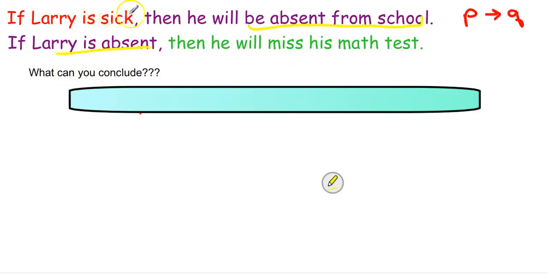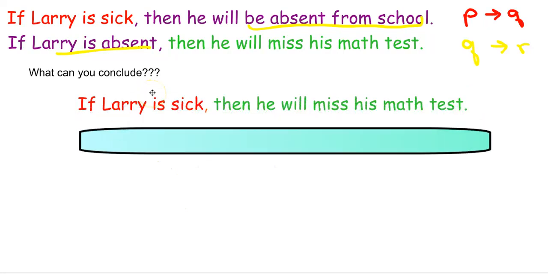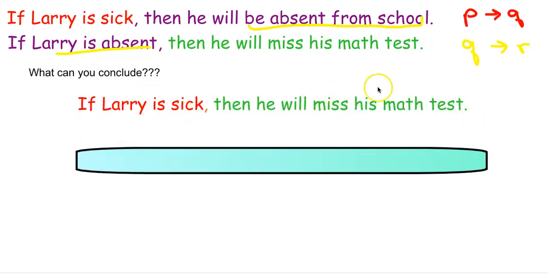So if Larry is sick, he will be absent. If Larry is absent, then he will miss his math test. So this is by the law of syllogism, and let me just say Q to R, we can call it whatever. Then what we would say here is, since Larry is sick, then he will miss his math test. If Larry is sick, he will miss the math test. Now, this is because he will be absent, but we don't even need to write that part. So this is our law of syllogism here.